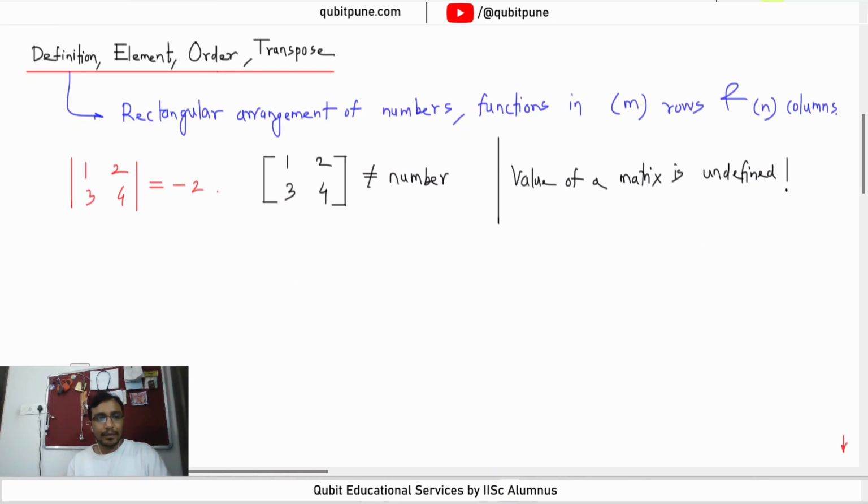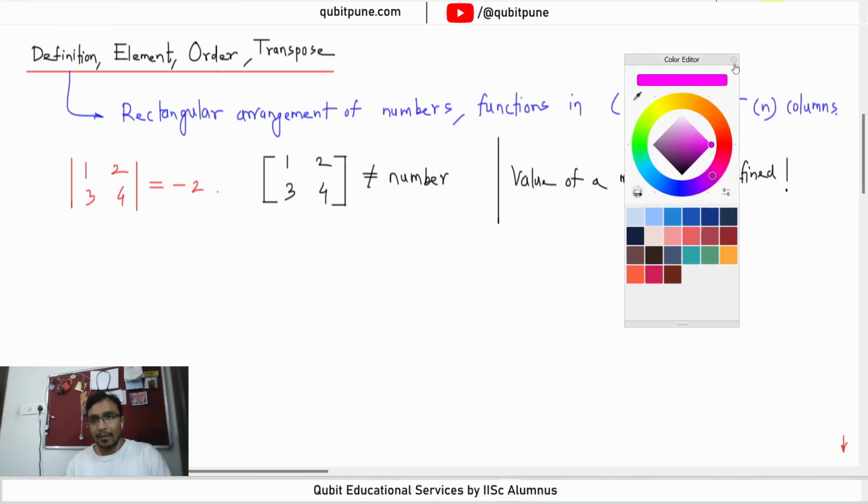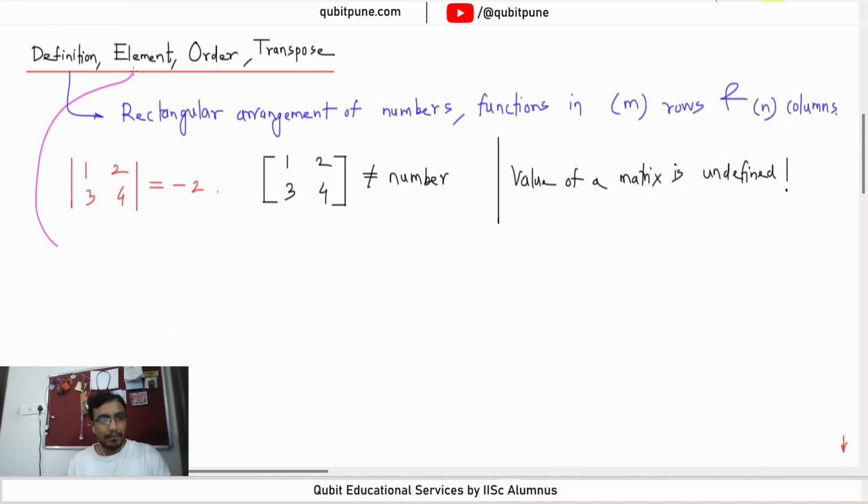What is an element? Entries of a matrix are called elements, and everyone knows how to index them, right? Aij refers to the element in the ith row and the jth column. What is meant by order of a matrix?